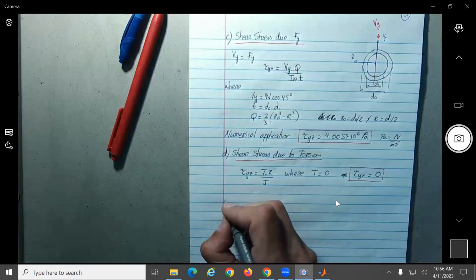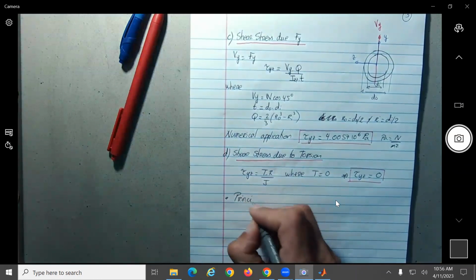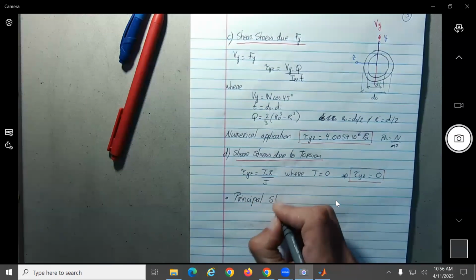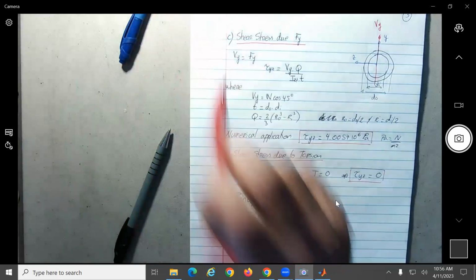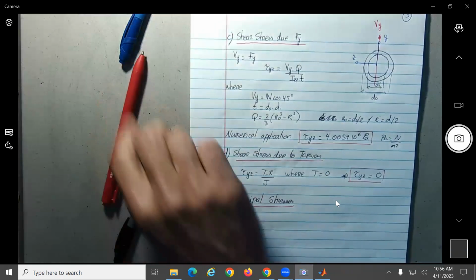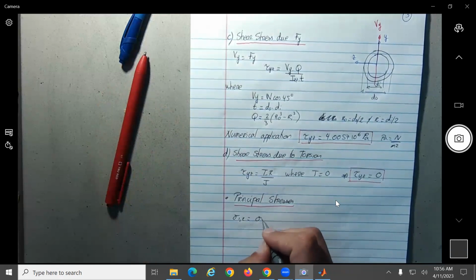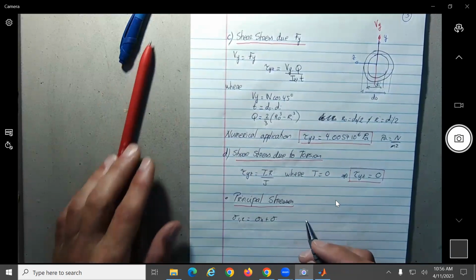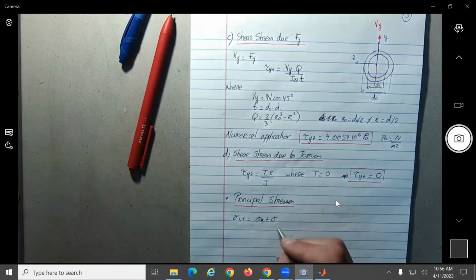Okay, and finally, what do we need to find? To find the principal stresses, what is the equation? Sigma 1, 2 equal to what? Sigma x plus sigma, I mean, in this case, it's only sigma y, but it should be in our case, sigma x plus, no, it's y.